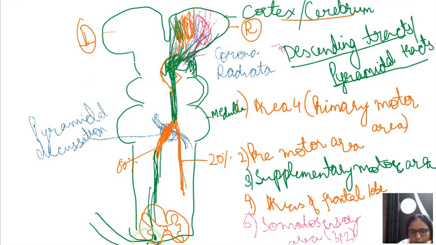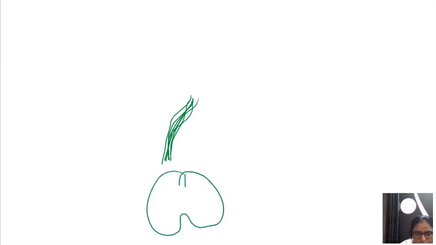I'll draw it on another slide. Just a second, let me take a new slide. See, the fibers which are descending downwards, I'm not now drawing that medulla and upper part. To make you understand, I'm drawing your spinal cord structure, right?